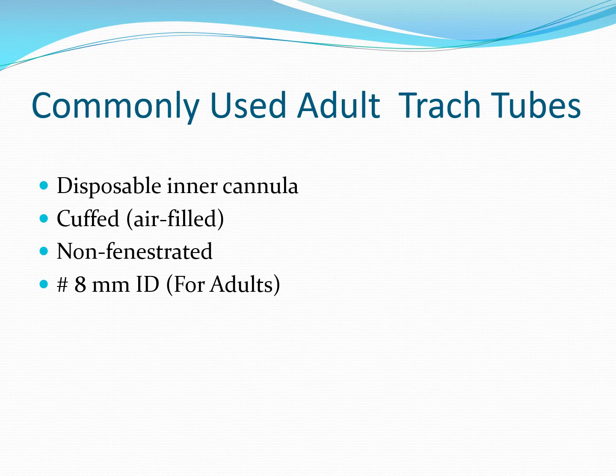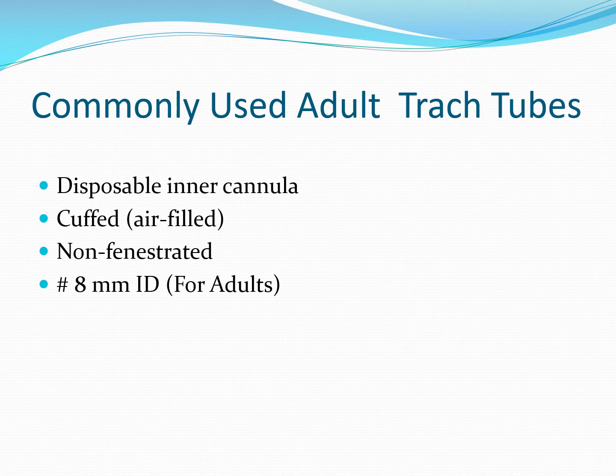Non-fenestrated: I'll talk more about fenestrations, but a fenestration is just an opening in the outer portion of the bend of the tube. The primary motivation for a fenestration is to facilitate talking or phonation. But many of them do not have fenestrations, just to be clear on that. For adults, the most common size would be an 8. Next most common size would be a 6.